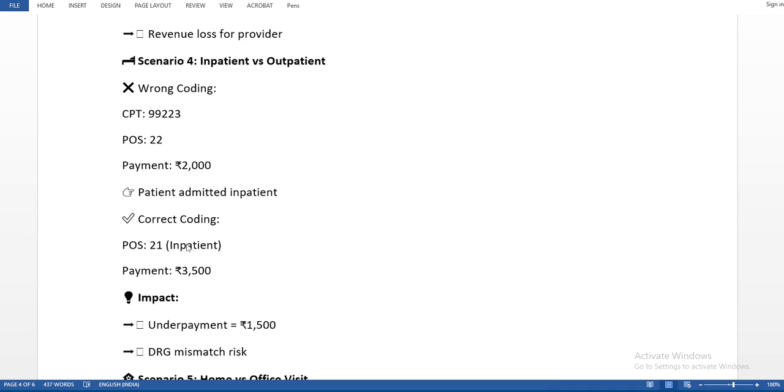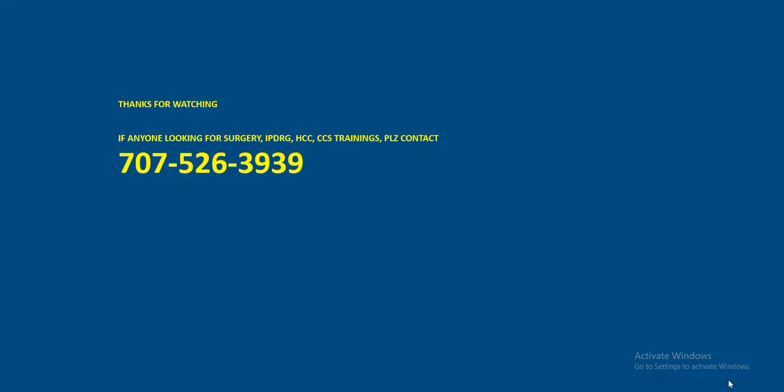So here we need to append POS 21, but instead of 21, the coder appended 22. The hospital got $3,500. Because the coder appended 22 instead of 21, the hospital got $1,500 less. And also there is a DRG mismatch and DRG mismatch risk along with this wrong POS application.